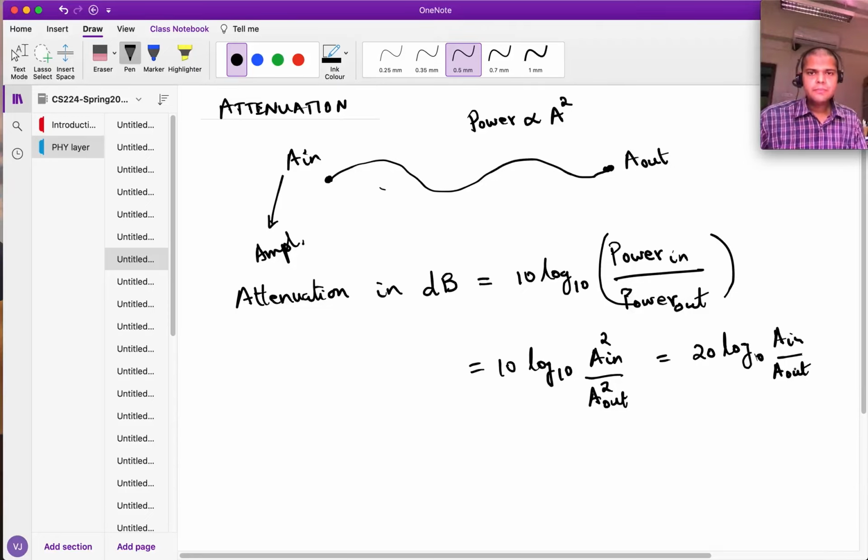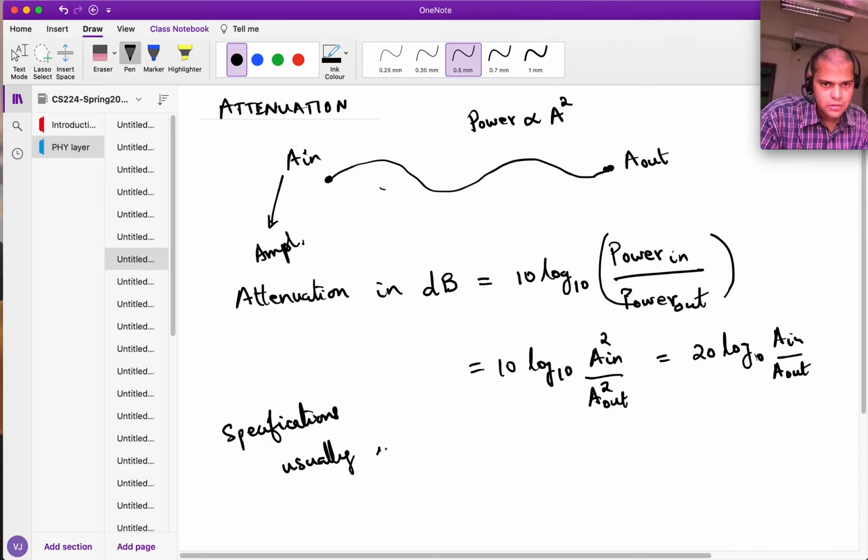And typically, when people specify what the attenuation is for a particular cable or wire and so on, they will give it in dB per 1000 feet usually, if you look at charts. So the specification is usually in dB per 1000 feet.